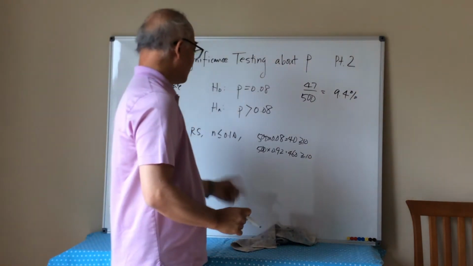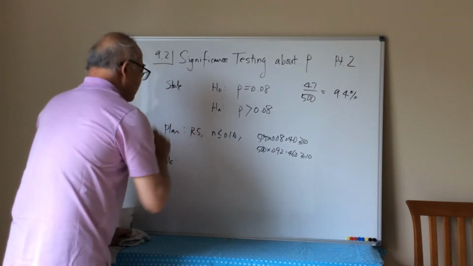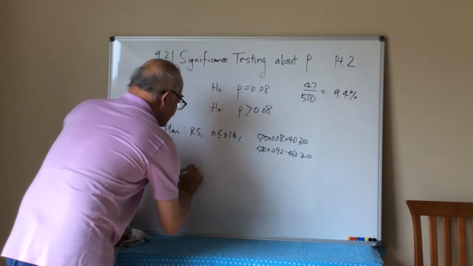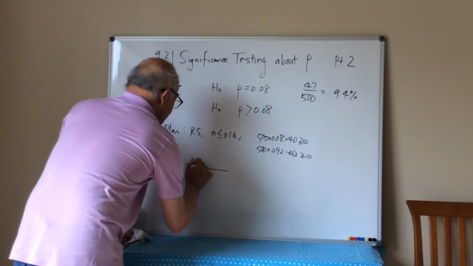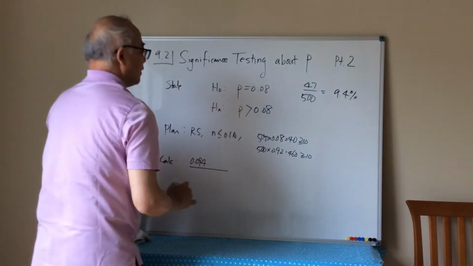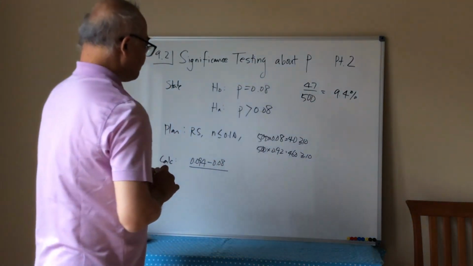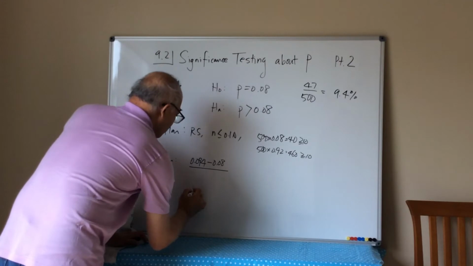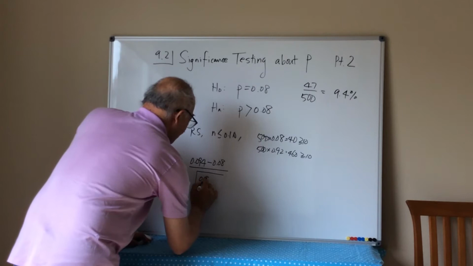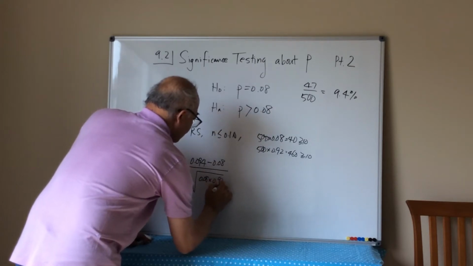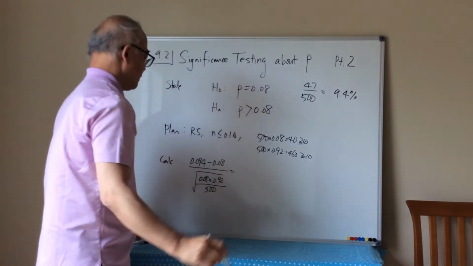Now we'll do the calculation to find the actual p-value. The test statistic is 0.094 minus 0.08, divided by the square root of 0.08 times 0.92 over 500.